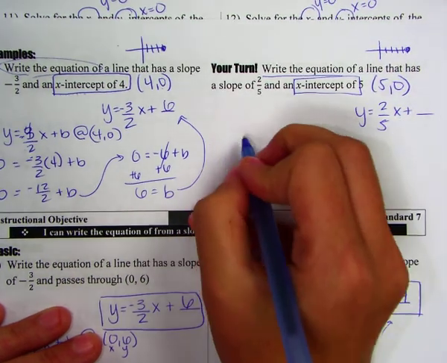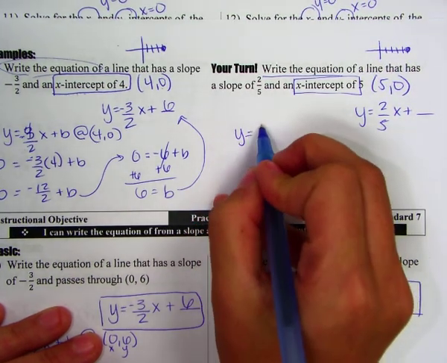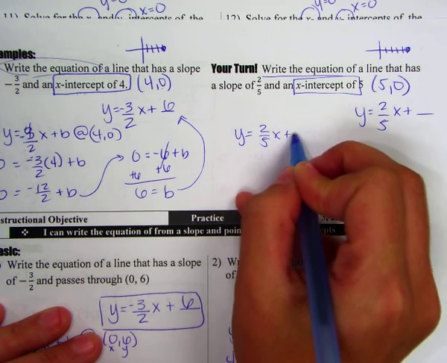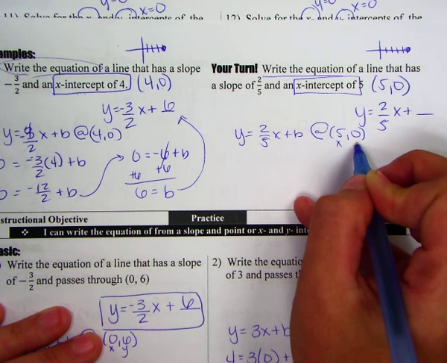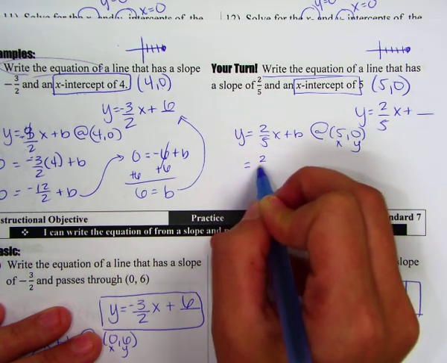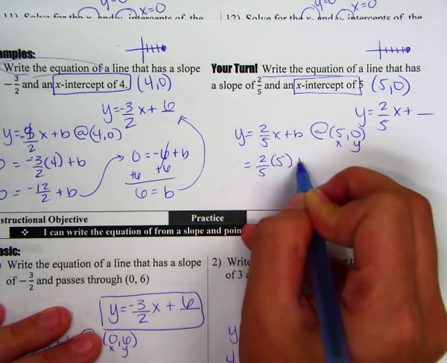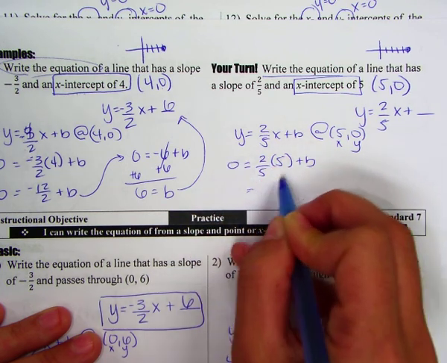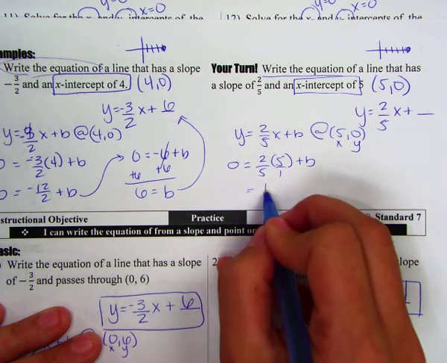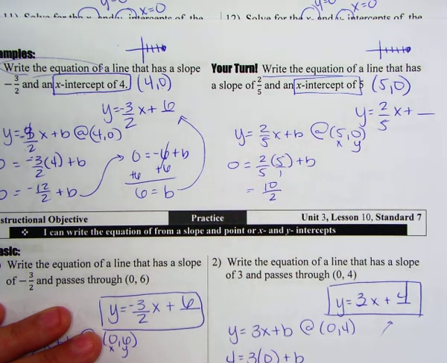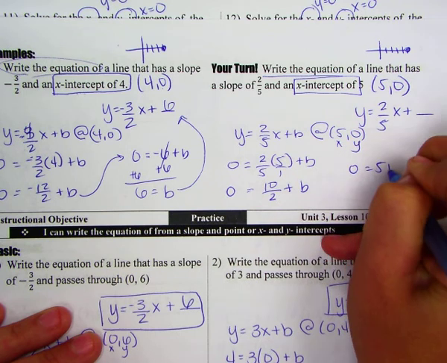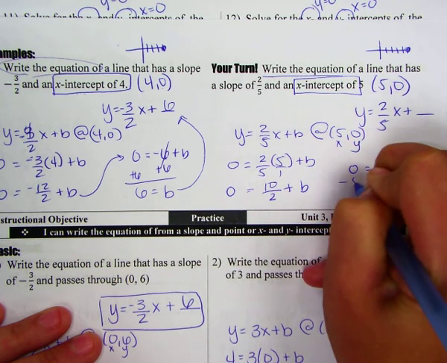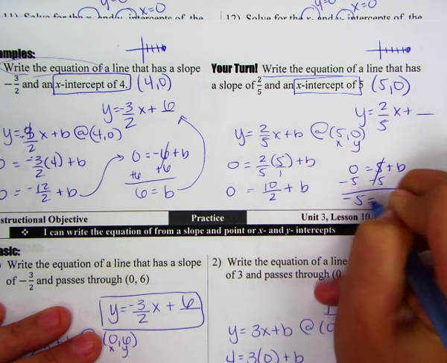So I'll use this point to solve for the y-intercept. Five for x, 0 for y. Put 5/1. We have 10 divided by 2. And then 0 equals 5 plus b. Subtract 5. -5 equals b.